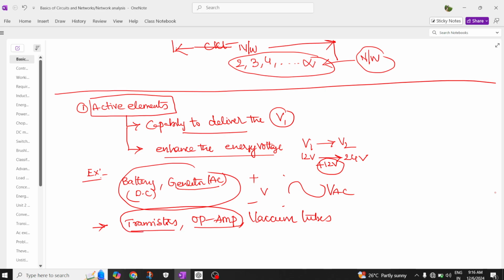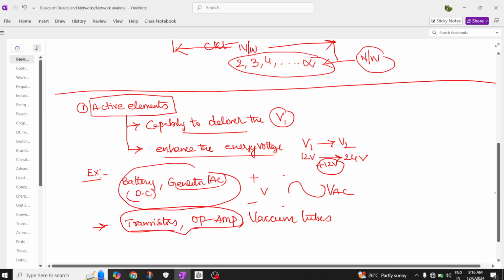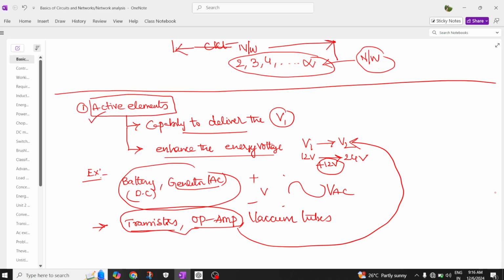The second category I mentioned, transistors and amplifiers, enhance the voltage level. The examples of active elements are a battery, which generates DC supply, and a generator, which generates AC supply. One more example, for enhancing the voltage level, is a transistor, which acts as an increment or step up of voltage.